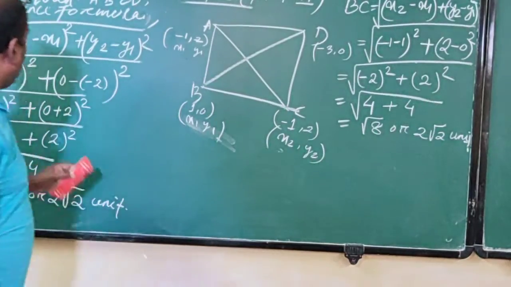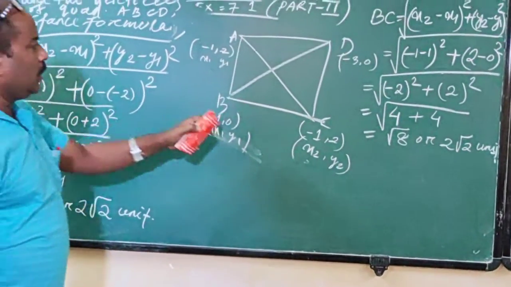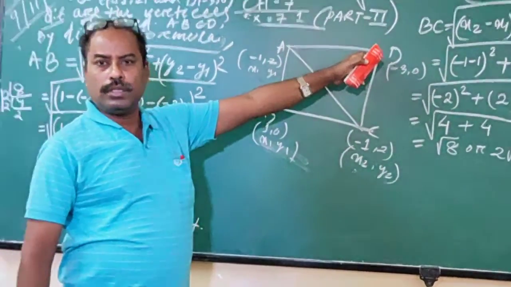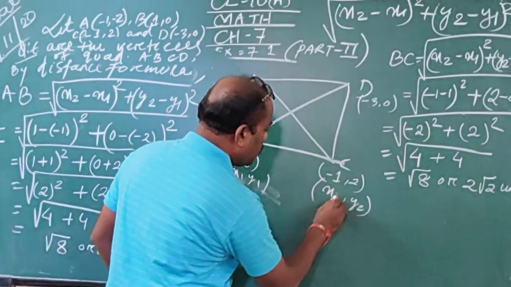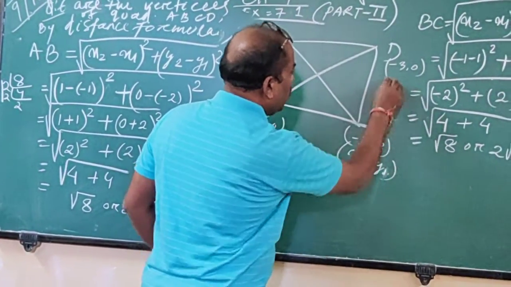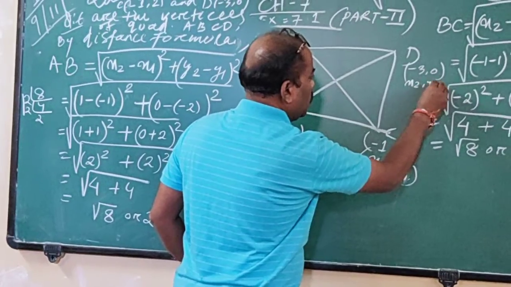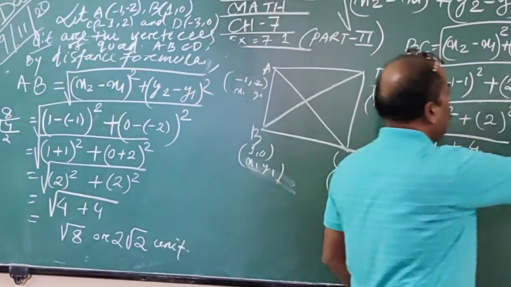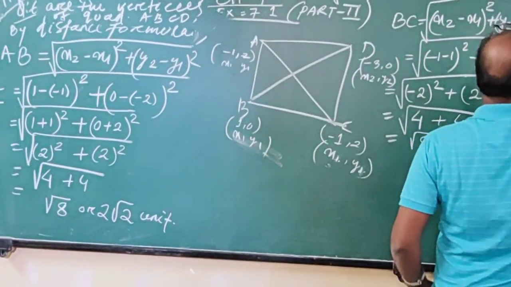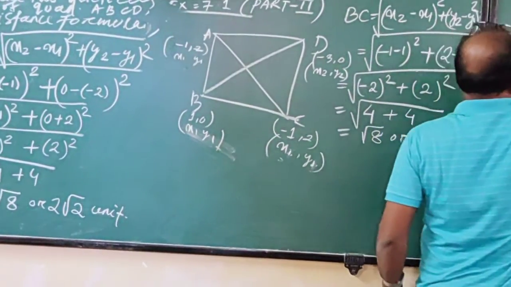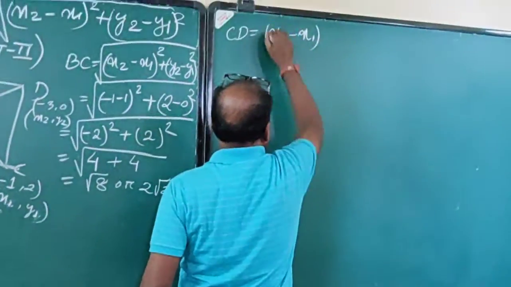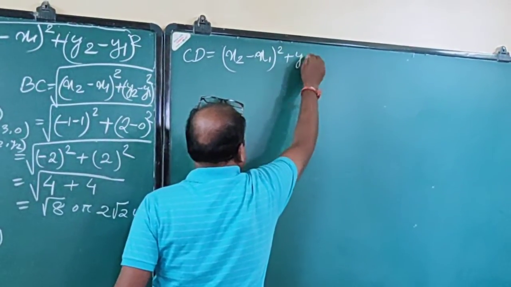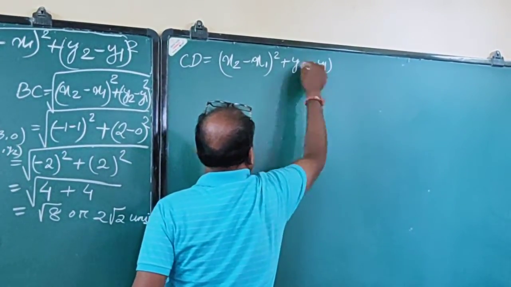So how many sides will we find out? AB, BC, and again we will have to go to CD. For CD we can write here, suppose x1, y1, x2, y2. CD equal to square root of (x2 − x1) whole square plus (y2 − y1) whole square.